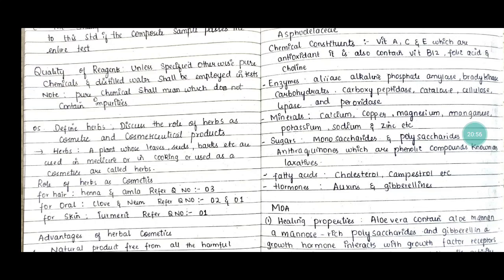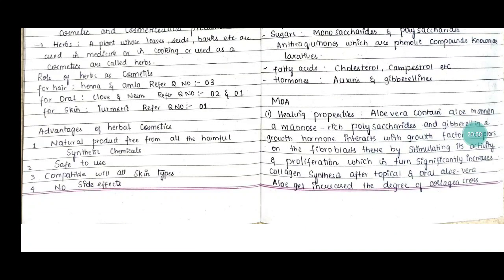The mechanism of action for aloe vera is its healing property. Aloe vera contains acemannan, which is rich in polysaccharides, and gibberellin, a growth hormone which interacts with the growth factor receptors of fibroblasts.